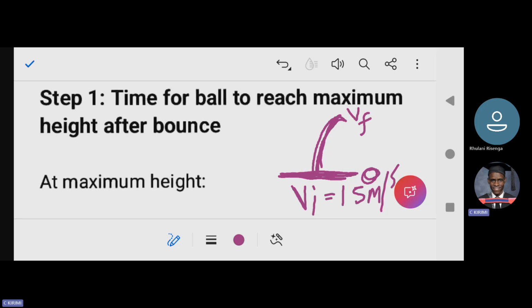Okay. So they asked how high. The ball was in contact with the ground for 0.3 seconds. And let's calculate this height h, from here for the first bounce. What will be this height h? That's the maximum height.